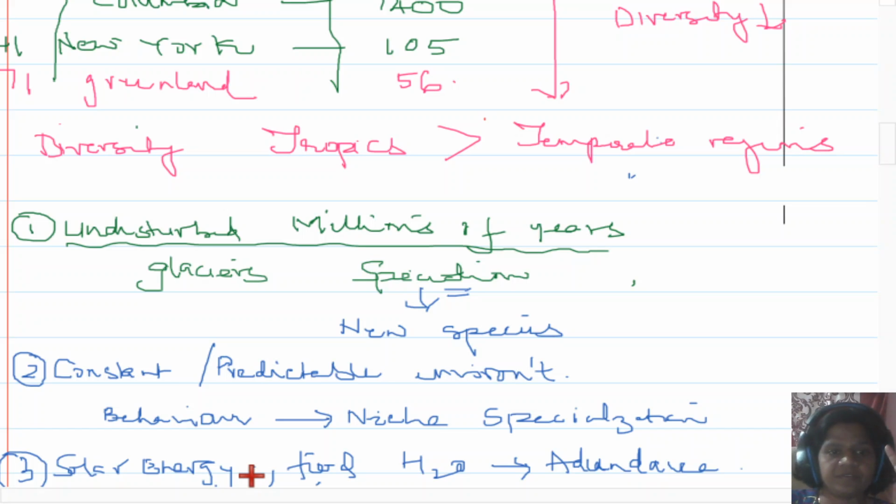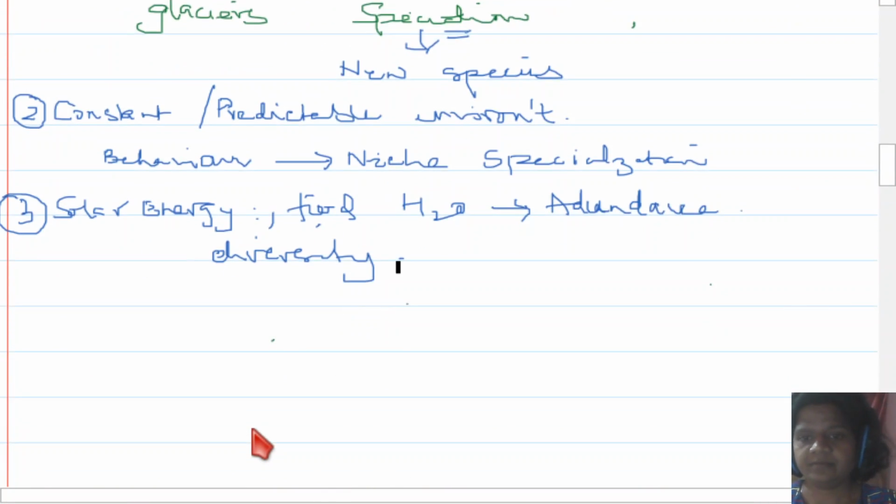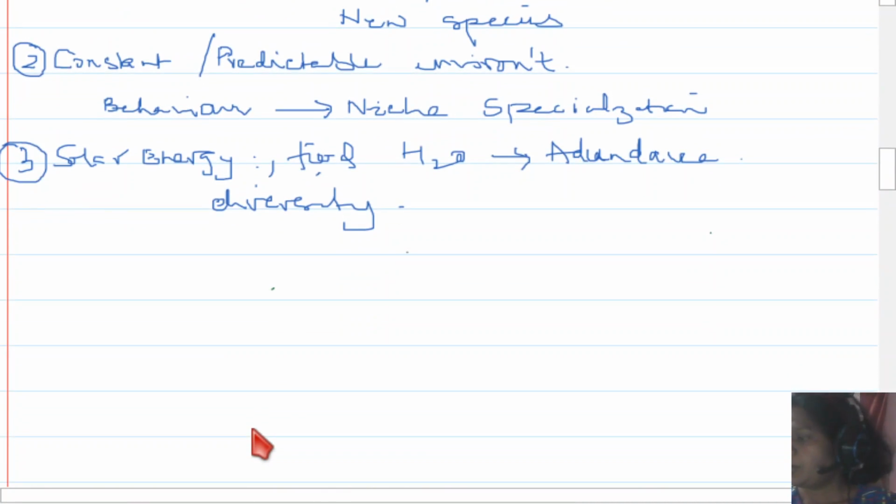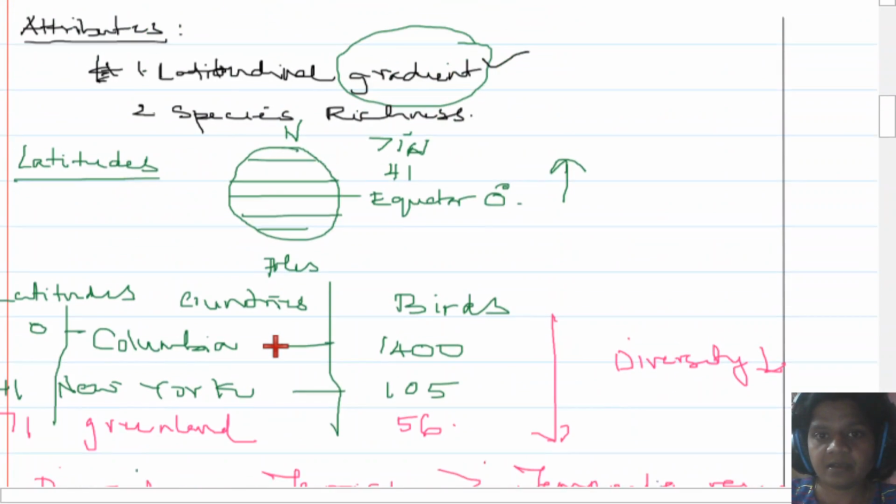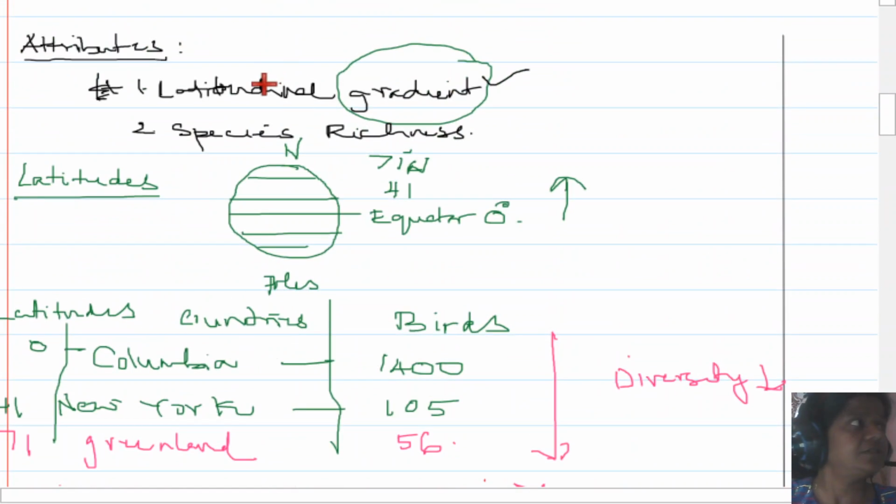These are the three reasons for the diversity that we see in the tropics rather than in the temperate zones. So this was about the latitudinal gradient.